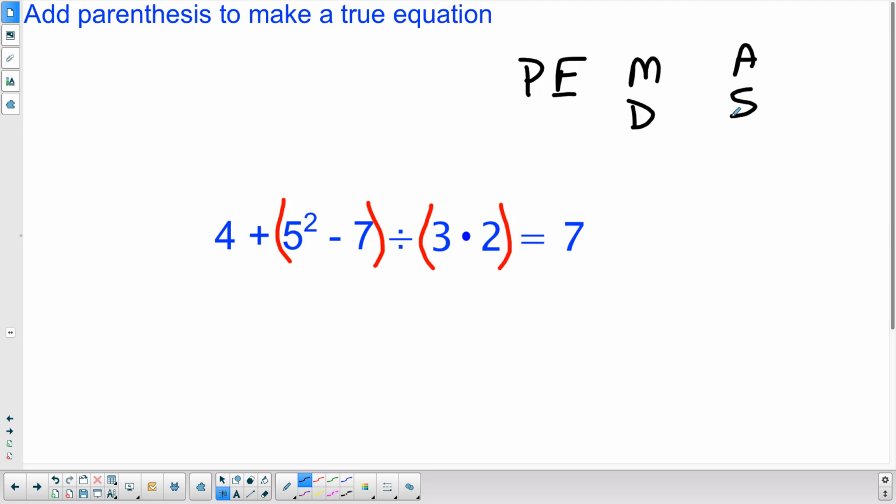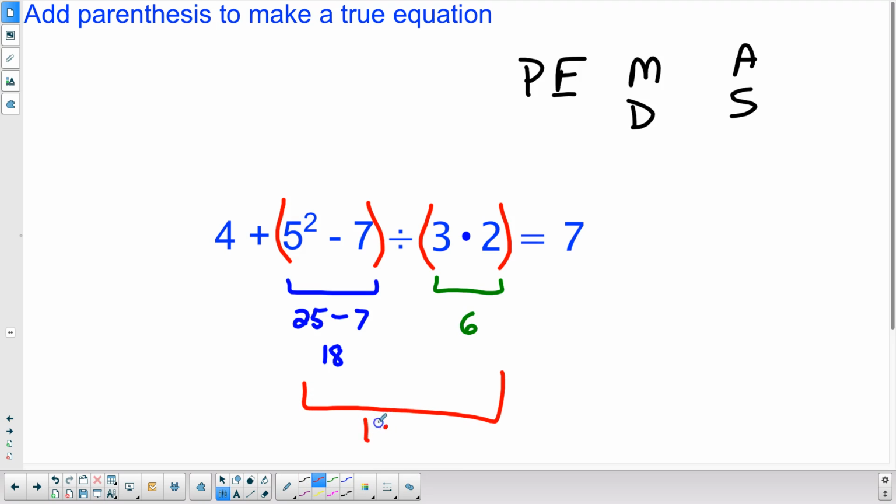Inside this parentheses, 25 minus 7 is 18. Inside this one, 3 times 2 is 6. So then this becomes 18 divided by 6, and I do that first because dividing comes before addition in PEMDAS. 18 divided by 6 is 3. 4 plus 3 is 7.